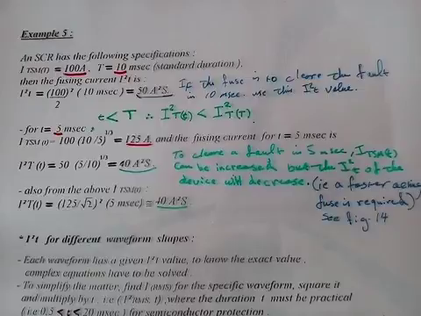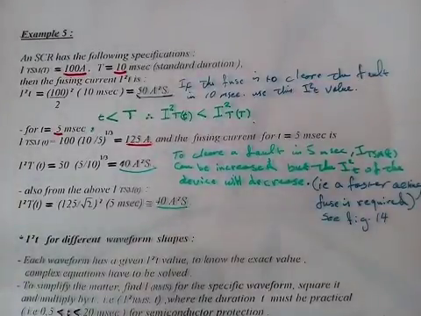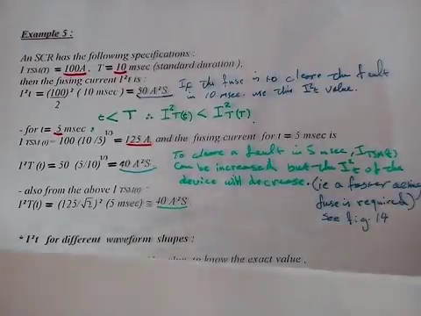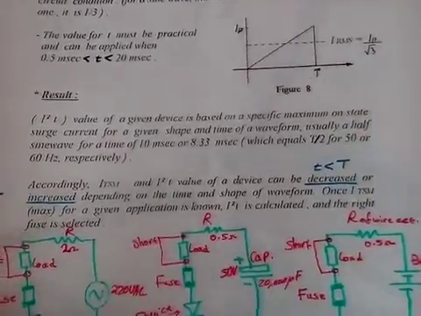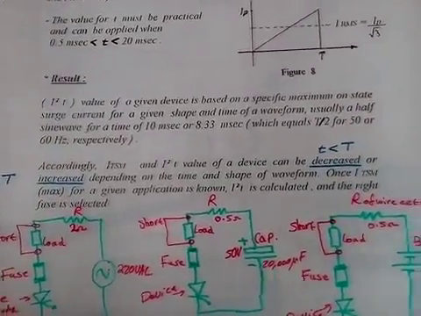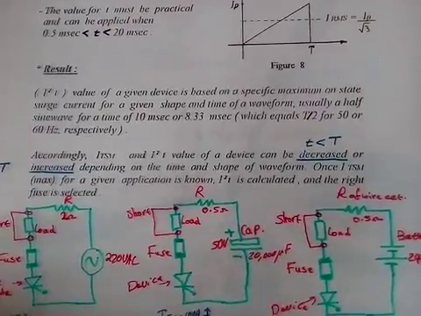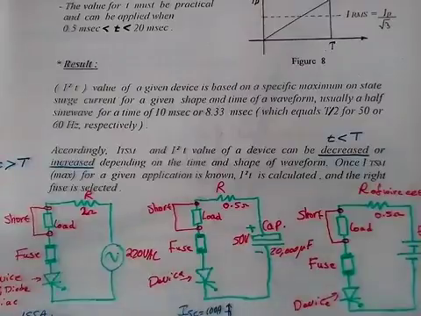Okay, that example hopefully clarified the idea and what happens when we try to clear a fault in less than the standard time. Okay, now let's go back to the rest of the information concerning the I2t and the protection of the devices.